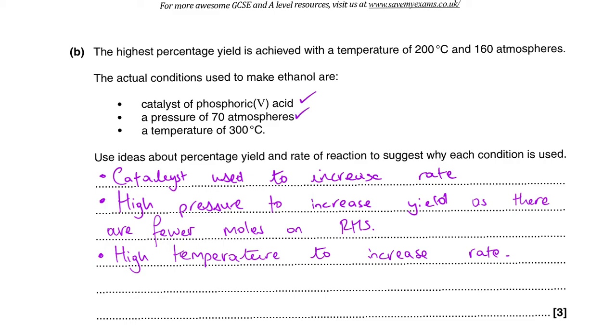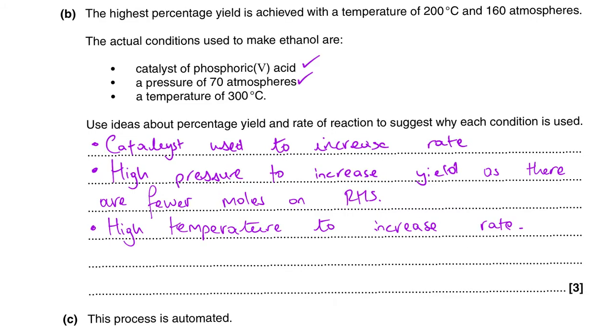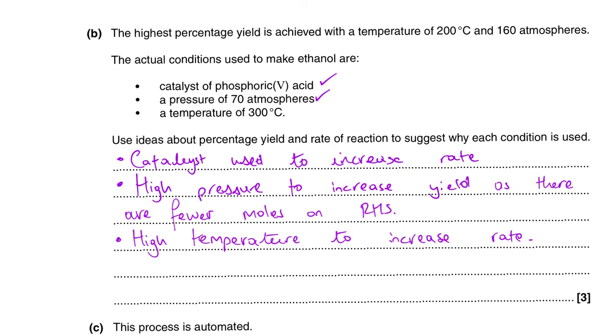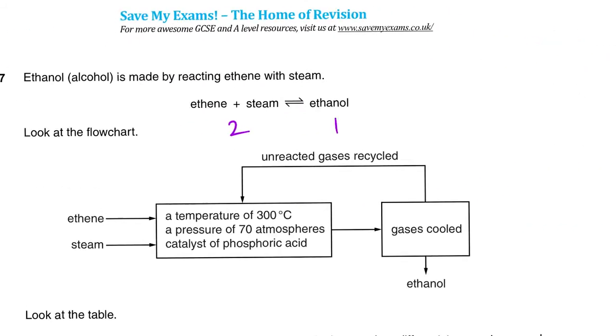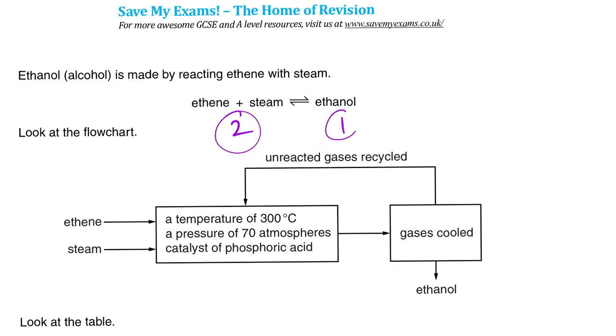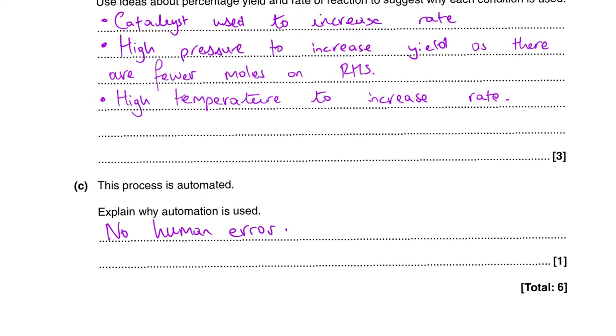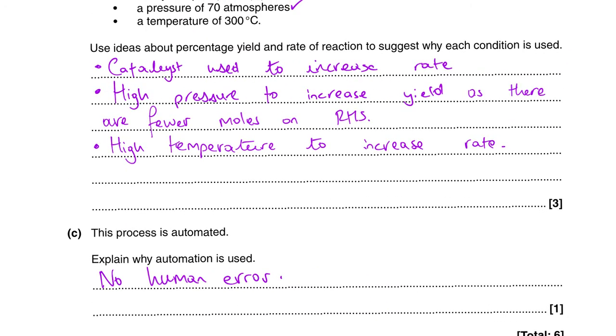I have a fairly high pressure to increase the yield, and to prove that, I know that I've got fewer moles on the right-hand side. Remember, increase pressure, shift to the side with the fewest moles. And look, I've got 2 and 1. So I'm always going to go to the right if I increase pressure. And I use a high temperature to increase the rate.